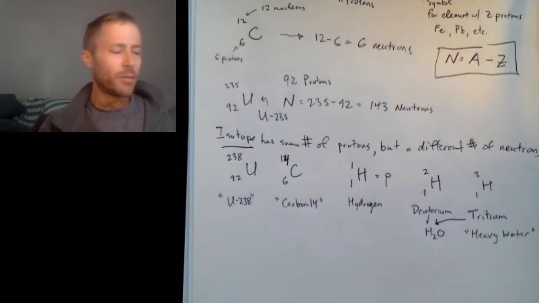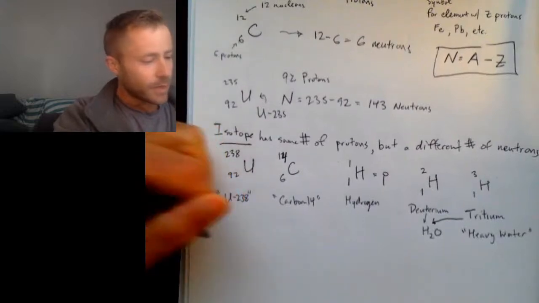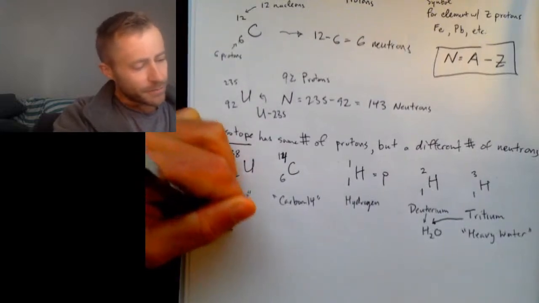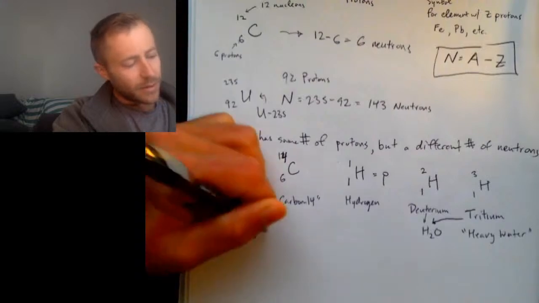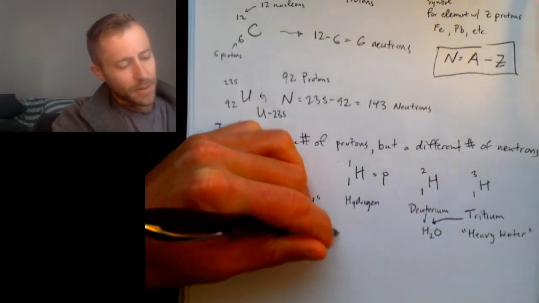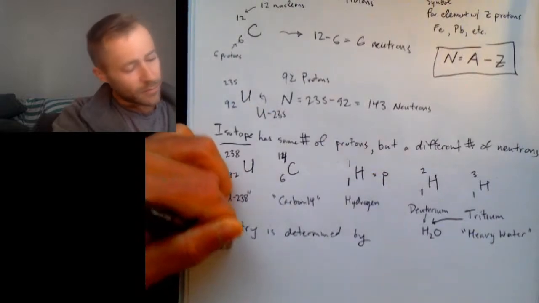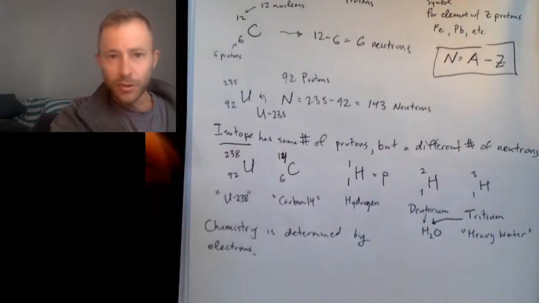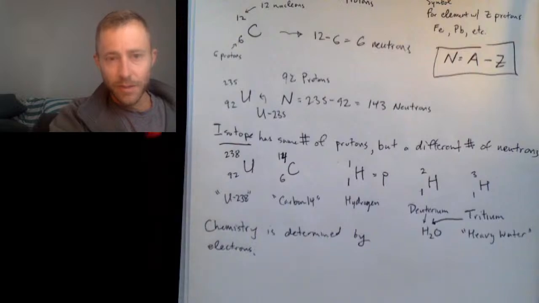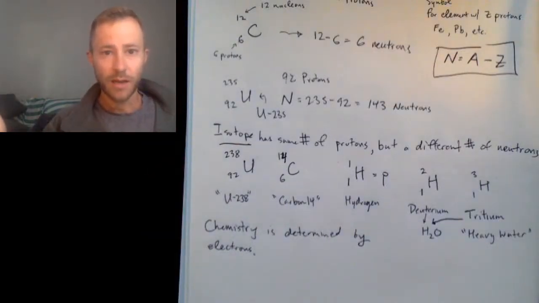So basically the chemistry is determined by electrons. Okay? When you studied chemistry, you were basically studying the physics of electrons moving around and jumping between atoms.